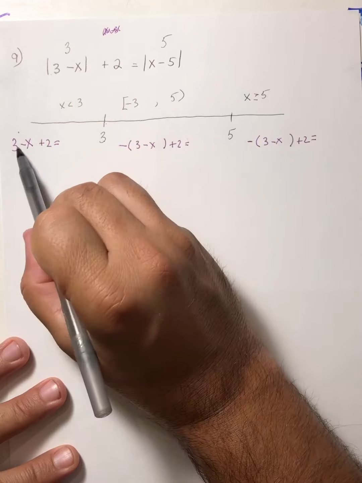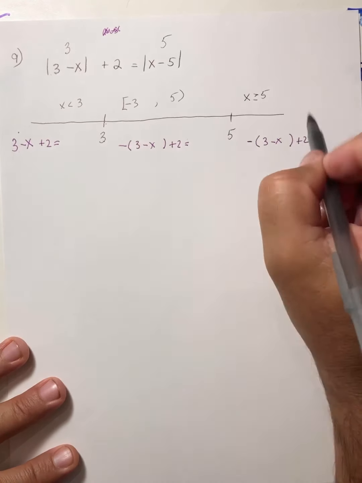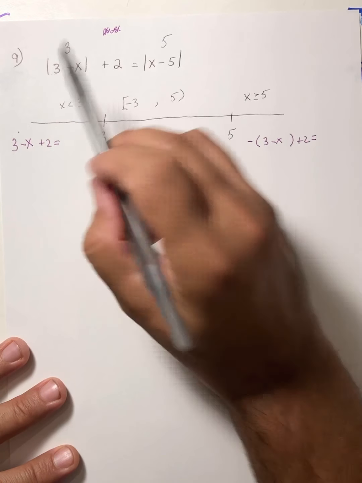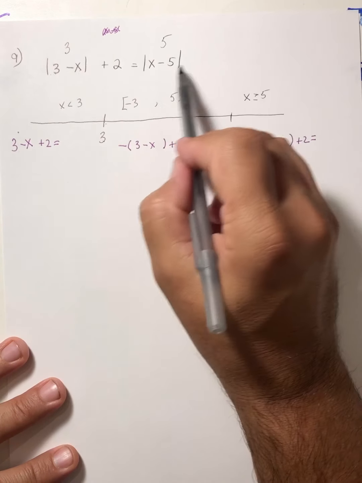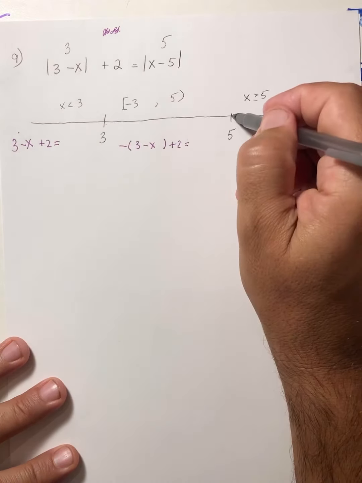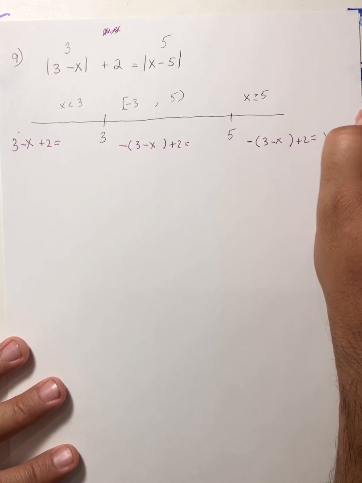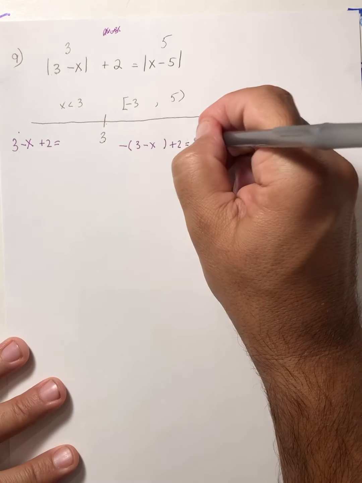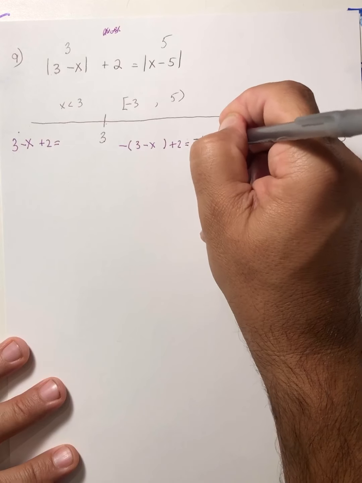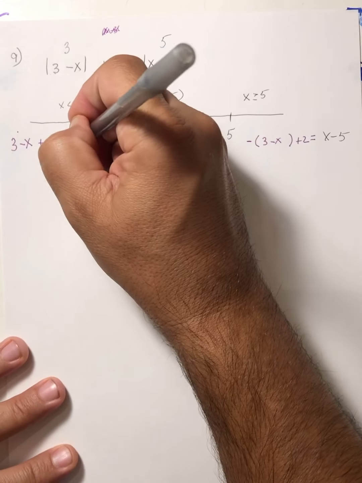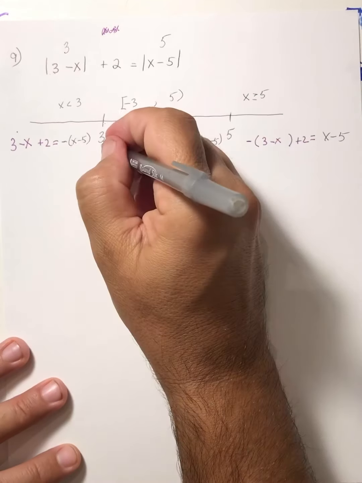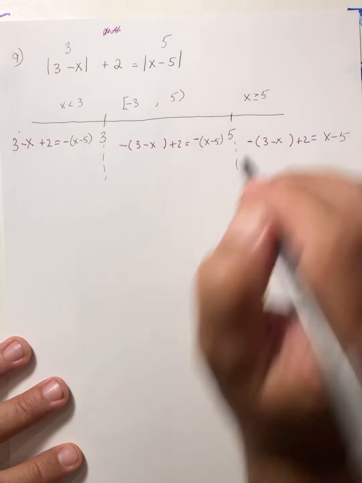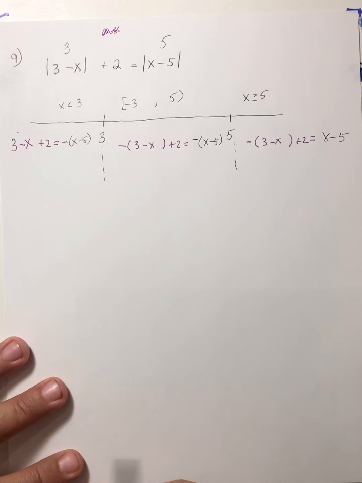To the left was positive, to the right is negative. x minus 5 is in the proper order, so we're golden. Anything to the right of 5 is positive, anything to the left is negative. So we have our 3 equations to solve. Let's get our 3 equations solved, and then we'll look at the answers.